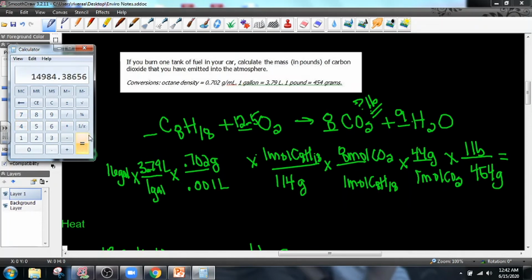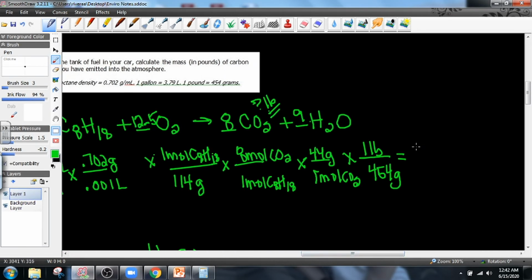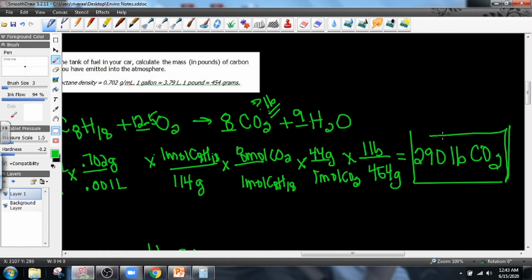All right, now we're going to divide by our denominators. We're going to divide by 0.001 liters, divide by 114 grams, and divide by 454. Holy cow, you guys, 290. When I drive my car and I run out of gas, I have put out 290 pounds of CO2 out into the atmosphere.